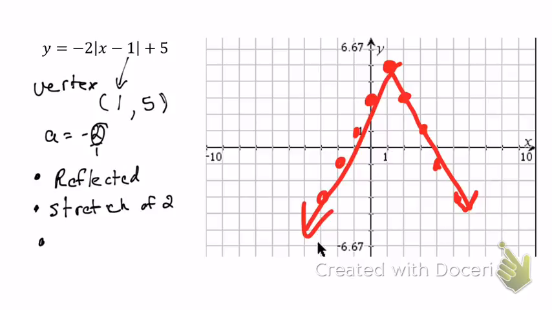I know my starting position. I have x minus c, so x minus 1 is going to tell us we're going right 1 space. And when I see plus 5 at the end, plus 5 is going to tell us we're going up 5. And so those would be the 4 statements here, which have been reflected with a stretch of 2, right 1, and up 5.